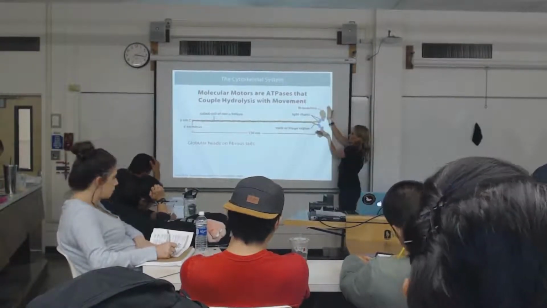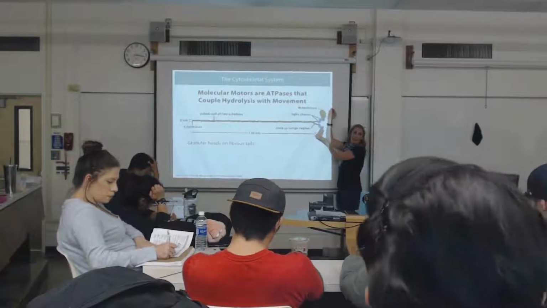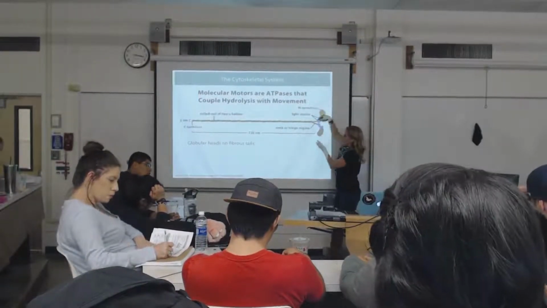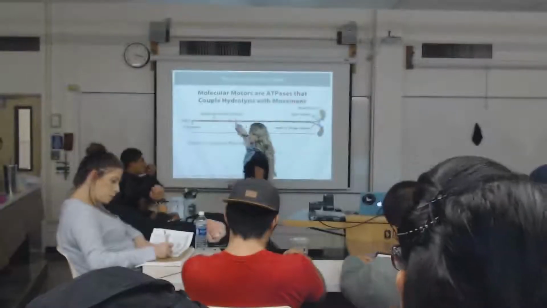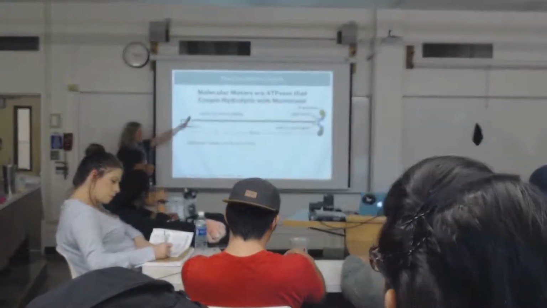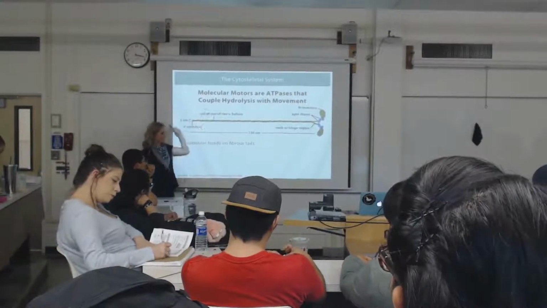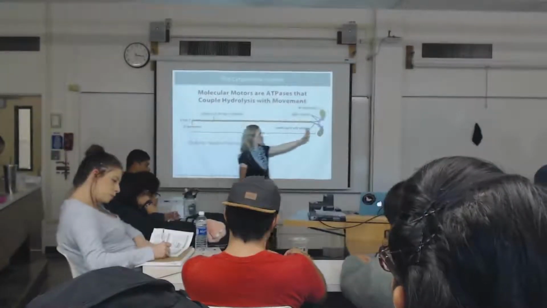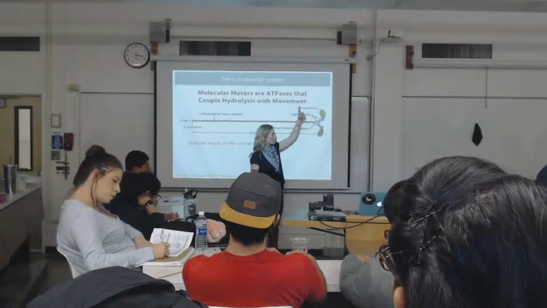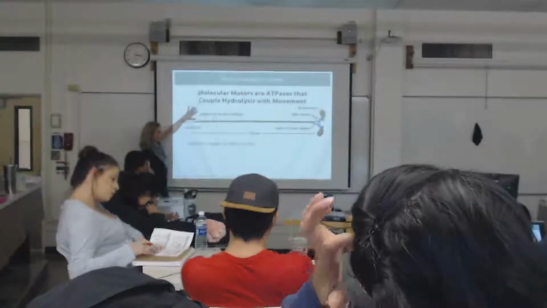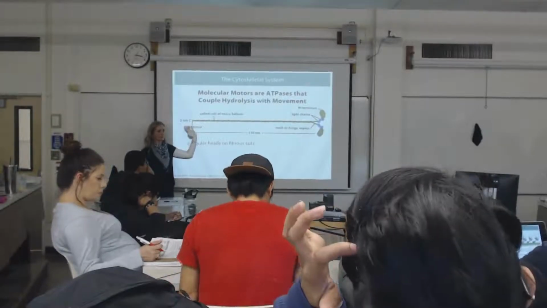So this is the part that would attach to either the actin filament or the microtubule. And then it has this fibrous region, and at the end of it would be the cargo binding domain, right? So it attaches to the filament, it's going to walk in one direction along the filament, and it's going to carry its cargo on its fibrous tail.